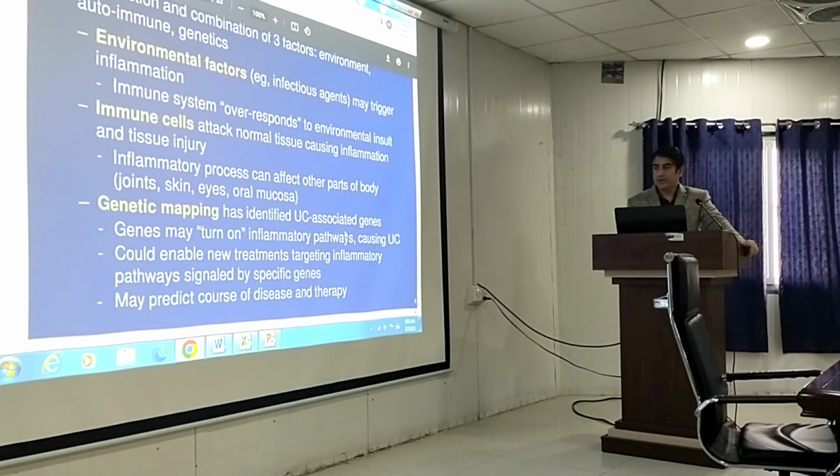A lot of genes have been identified causing ulcerative colitis and IBD. So the main focus of the new modalities is on disease modifying genetic agents, which have been introduced to treat the disease, and they have got very good results as new therapies for ulcerative colitis or IBD.